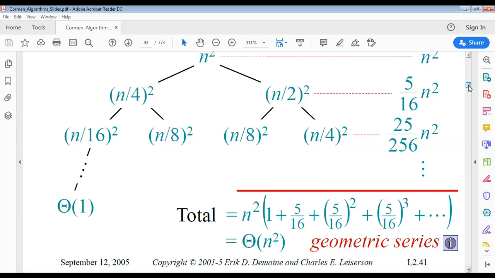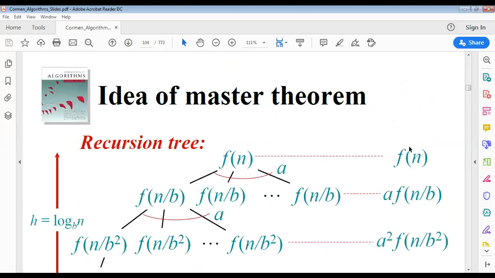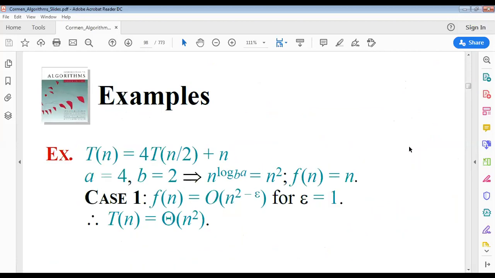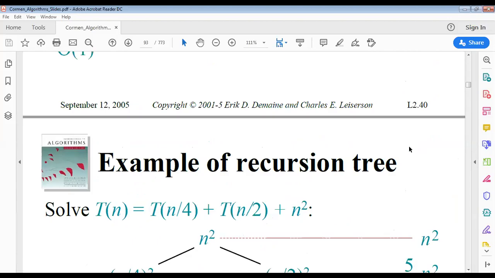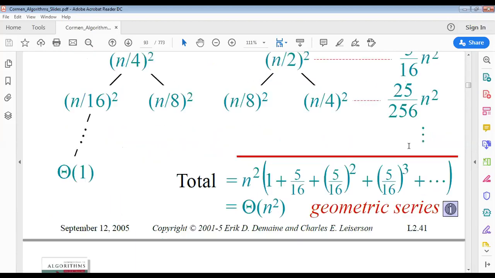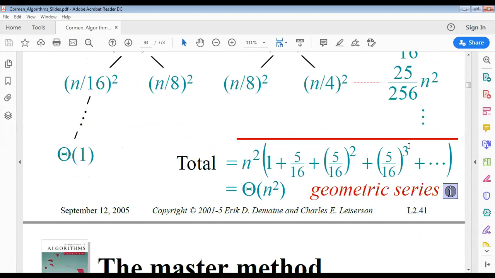And if we solve this geometric series, then the result of this recursive method, which is the recursion tree method, is theta n square.